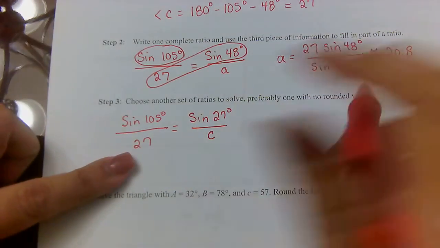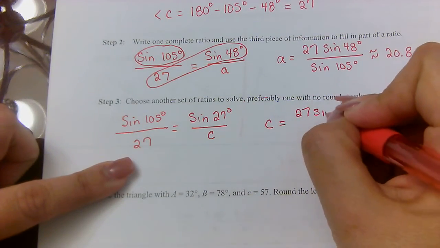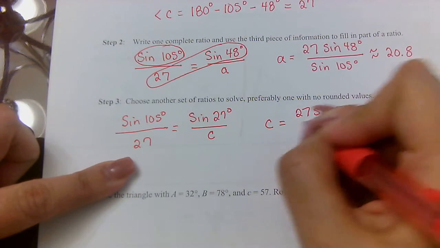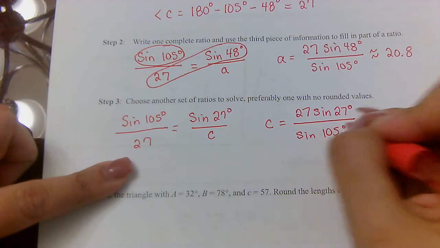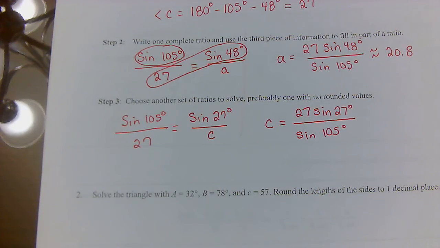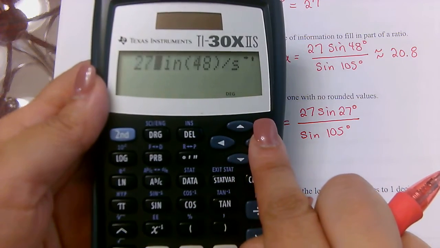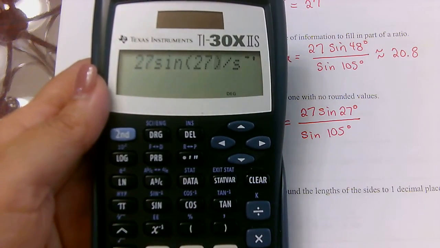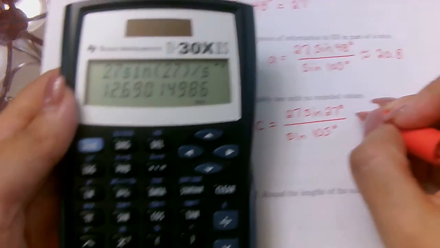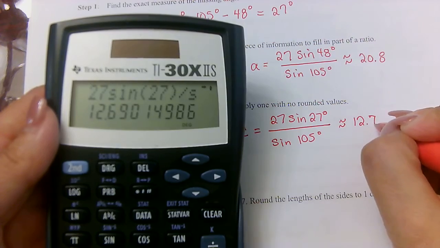Bat and ball: c will equal 27 sine 27 degrees over sine of 105. Since the calculations are already there, I'm going to go up and change this one to 27. This is going to be approximately 12.7.